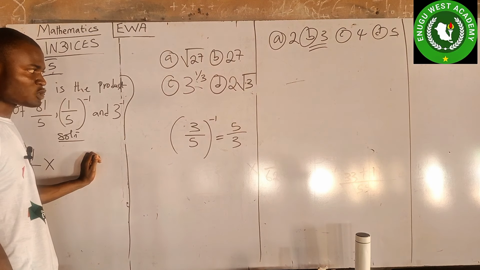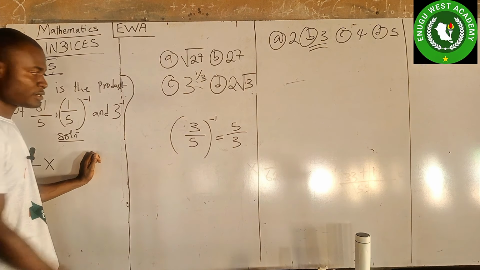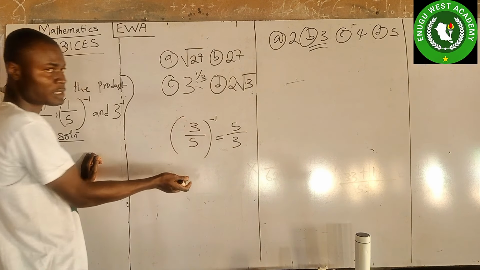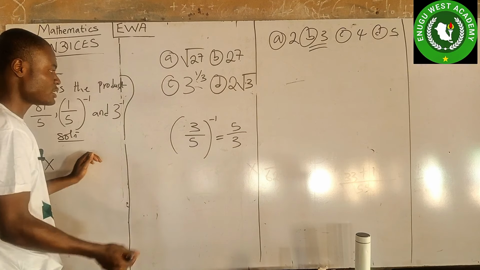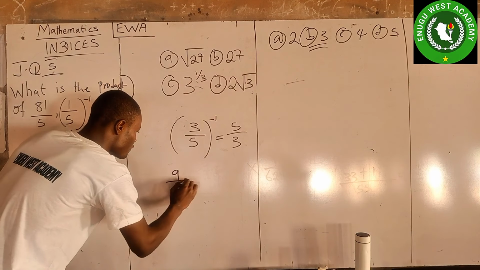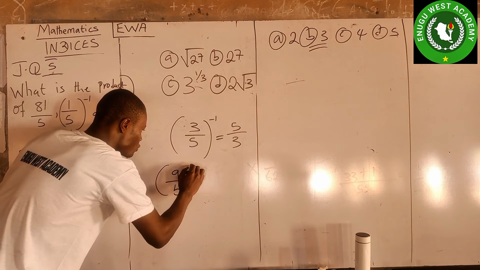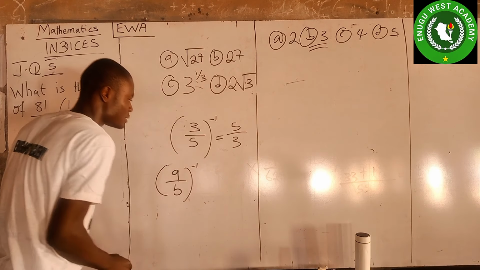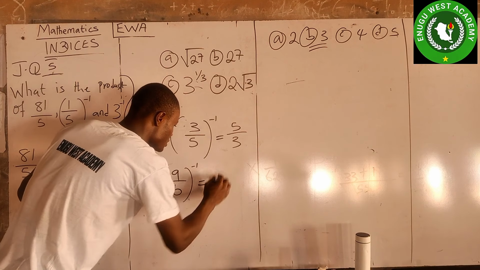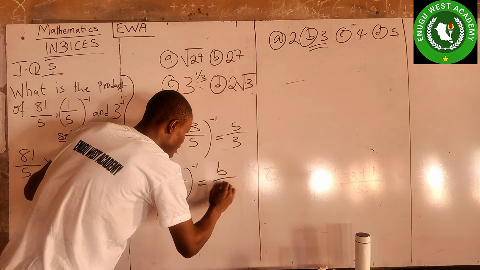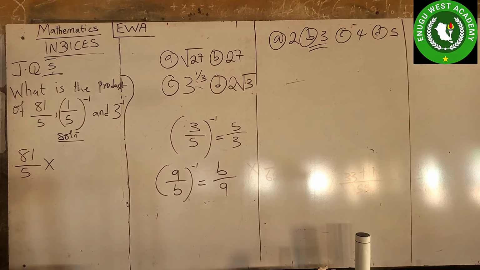Are you getting the point? 5 will go up, 3 will now come down. Quite inverse. So if you have a over b all raised to power minus 1, it means b over a. That is inverse.